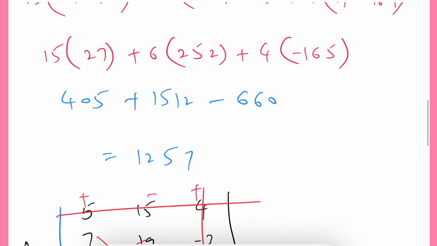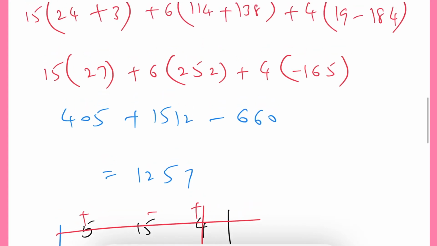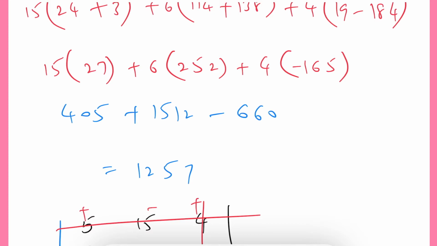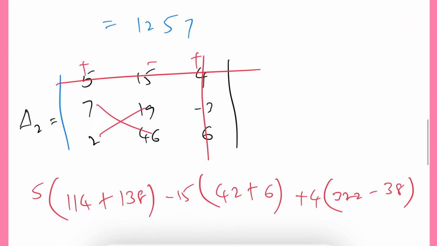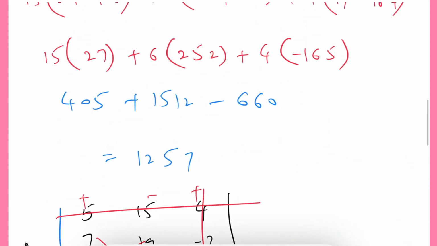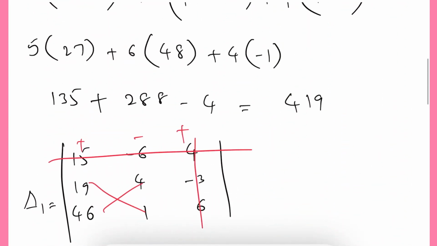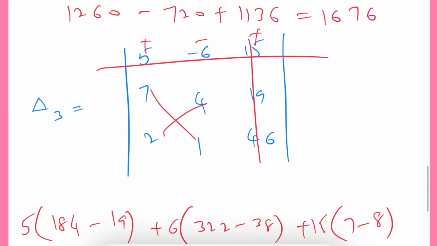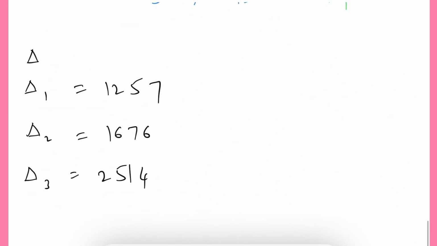Delta 1 is 1257. And then what about delta? First we got that one. Delta is 419. Okay, done. Now we want x value, y value and z value, right?